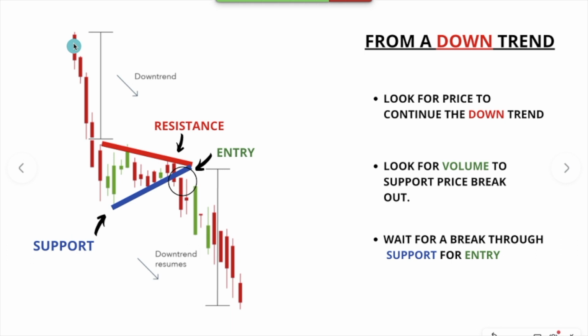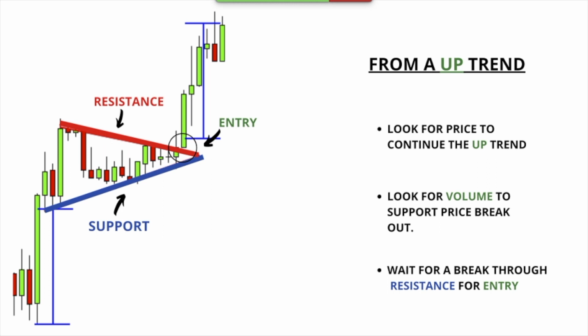And then the third example of a symmetrical triangle was within an uptrend, where you have price breaking out to the upside, only to consolidate within a symmetrical triangle before continuing to the upside. So the symmetrical triangle is very versatile, either being put in an uptrend or a downtrend, or without necessarily needing a trend at all.